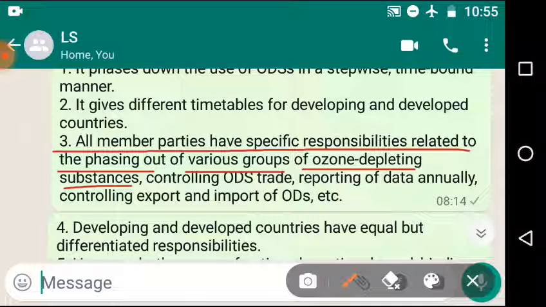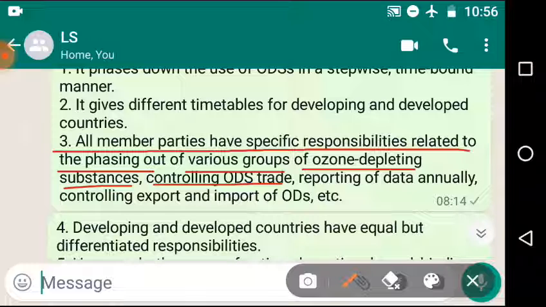So all the member parties of this Montreal Protocol have some specific responsibility that we have to phase out, that we have to minimize the use of these substances within a time frame, and also we will control the ozone depleting substance trade, because if you trade these substances, more and more countries will use them. So we have to minimize the trading of these substances.